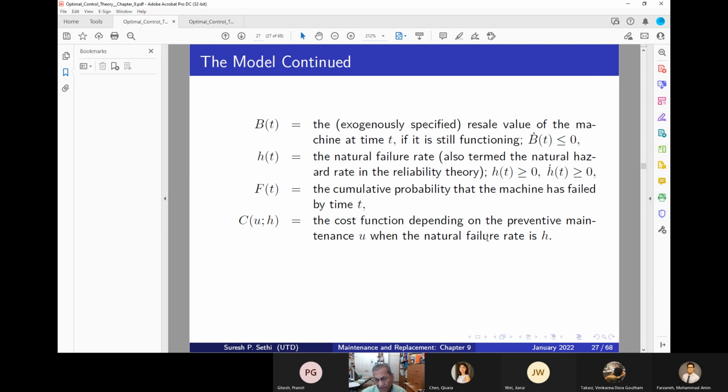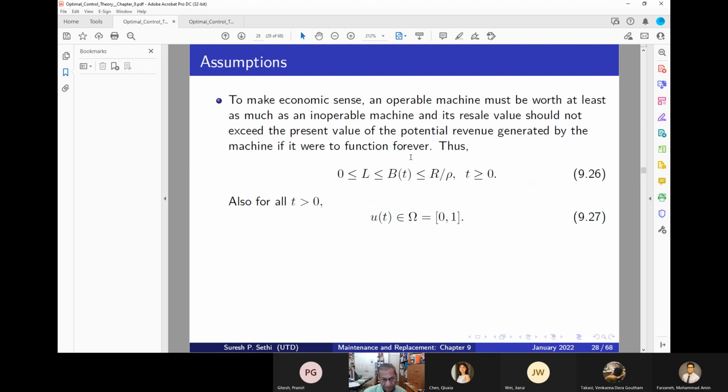Cost function depending on the preventive maintenance and the natural failure rate. So if I were to use U as my maintenance, my cost will depend on U, but it also depends on H at that time, whatever that is. And remember, we are controlling this, so we will see what's going on. So that's the cost. Assumptions are very sensible in an economic sense.